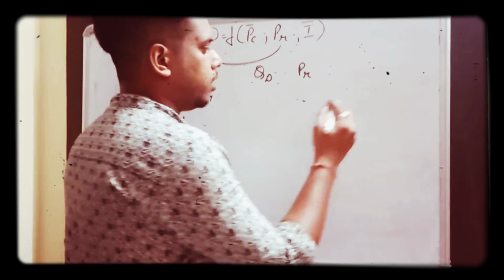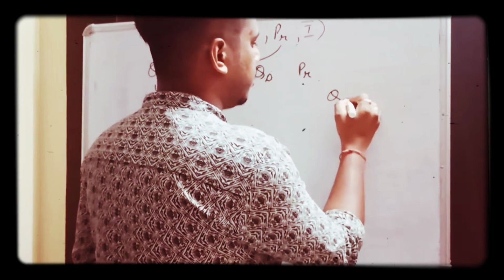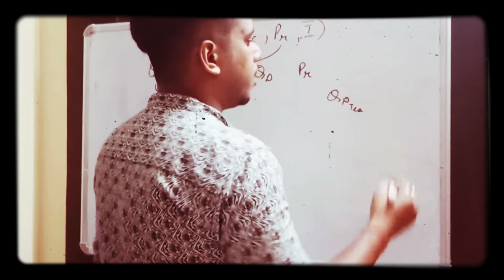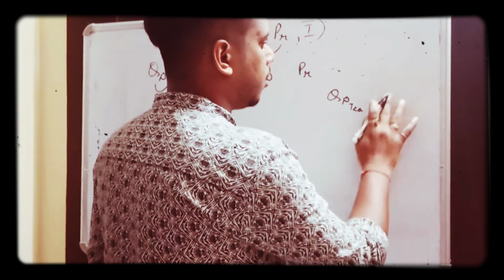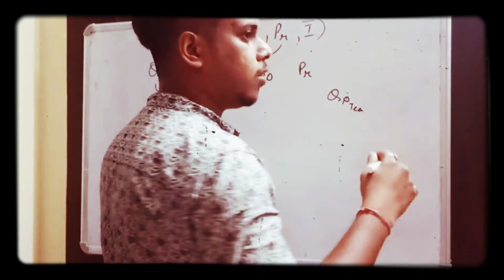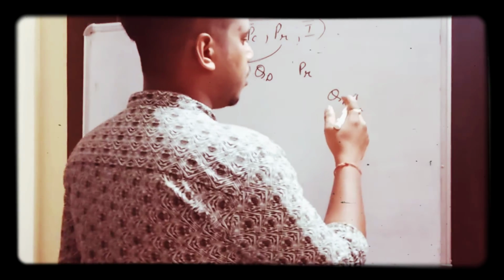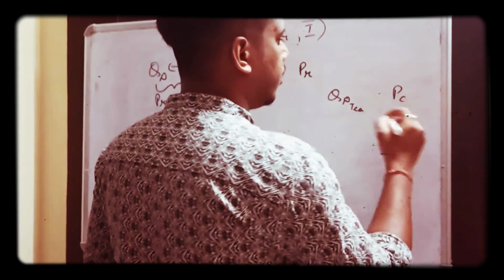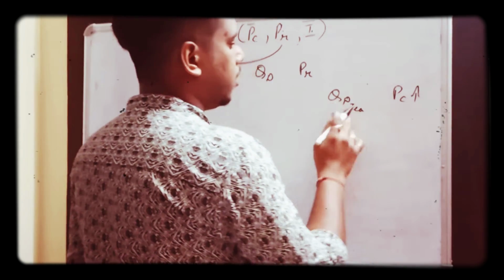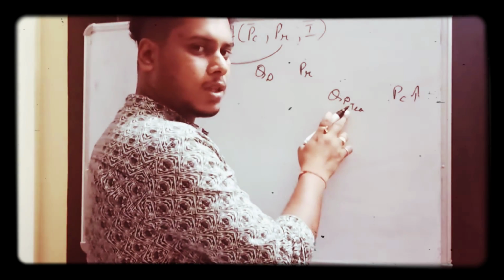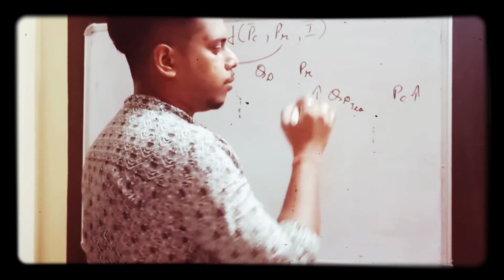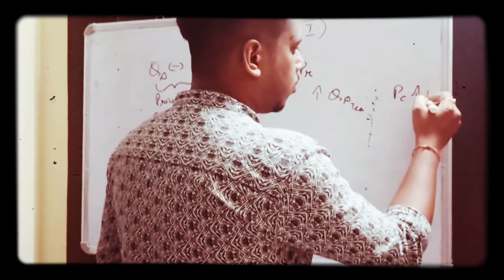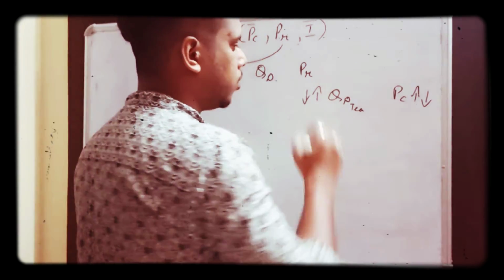Say we are studying the quantity demanded of tea, and its relationship with the price of coffee. If the price of coffee goes up, the quantity demanded of tea will go up, as it is a substitute good, and if it goes down, the quantity demanded of tea will also go down.